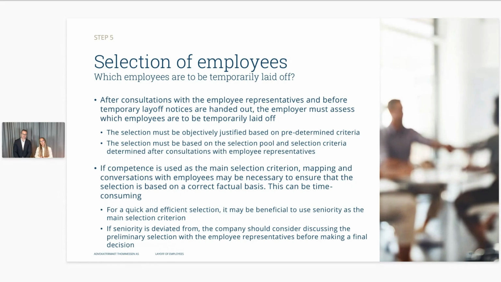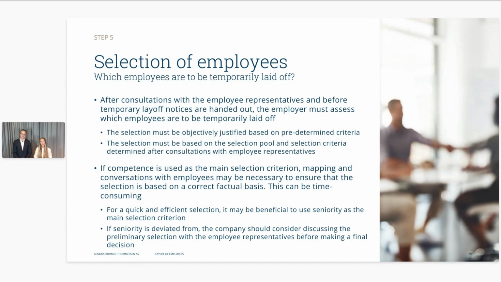If the company has chosen competence or qualifications as the main selection criteria, the selection process could be a bit more complicated and time-consuming, as the employer does not always have the full picture of the employee's competence and qualifications.